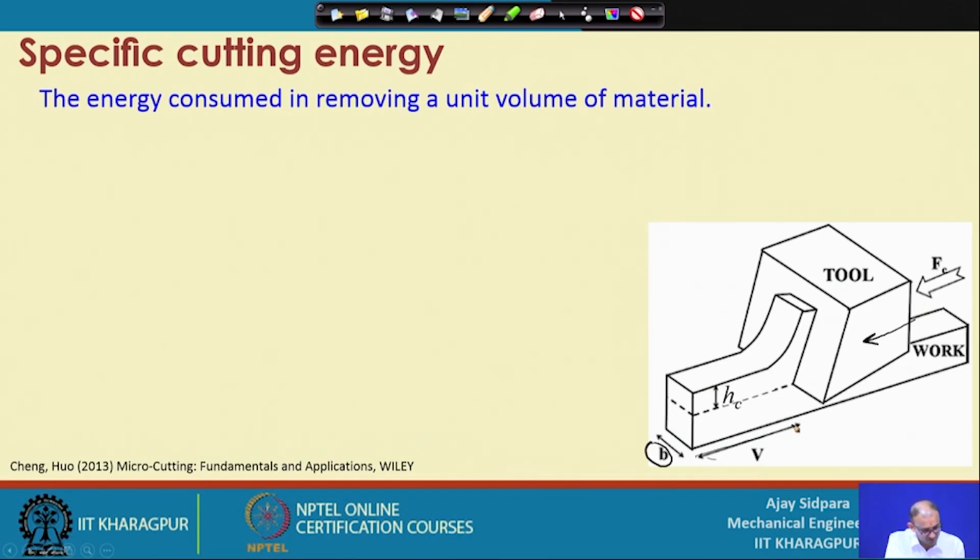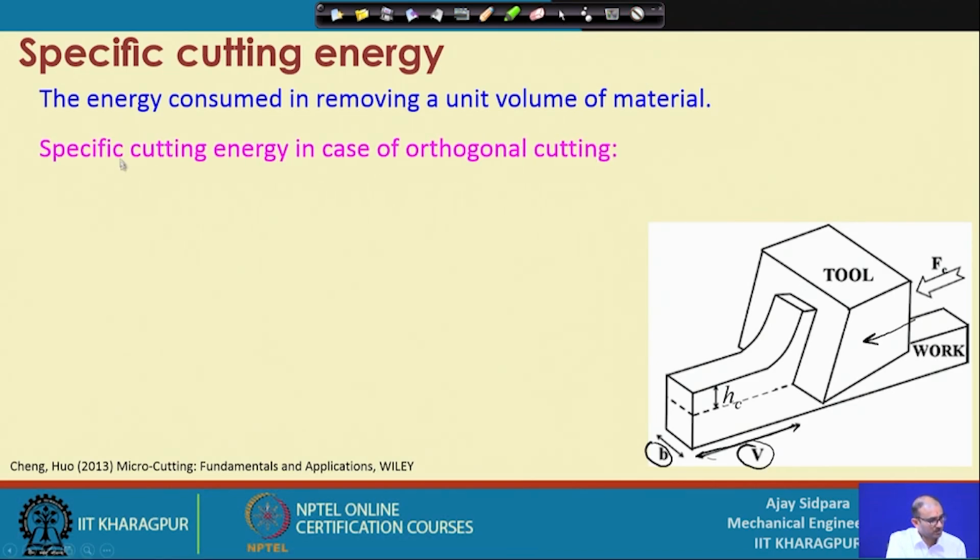You are moving in this direction, and let us consider V is the velocity. So, now this is the part. What is the equation for specific cutting energy in orthogonal cutting? This is what we are getting. That is the amount of power or energy required to remove a unit of material, right.